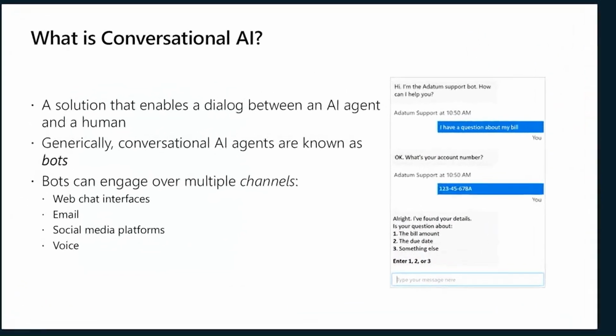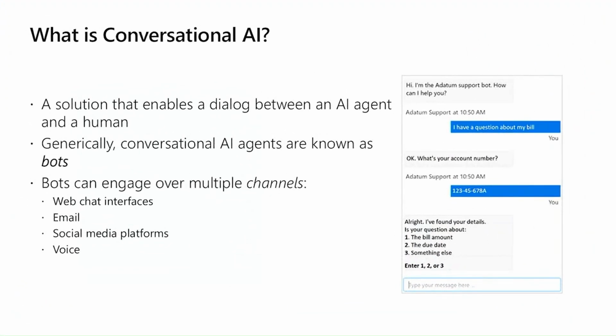elsewhere. The example shown on the right side of the screen is a chat interface, such as one you might find on a website. But bots can be designed to work across multiple channels, as I mentioned. Regardless of the channel that these bots are deployed, bots typically manage conversational flows using a combination of NLP and constrained option responses that guide the user to a resolution.